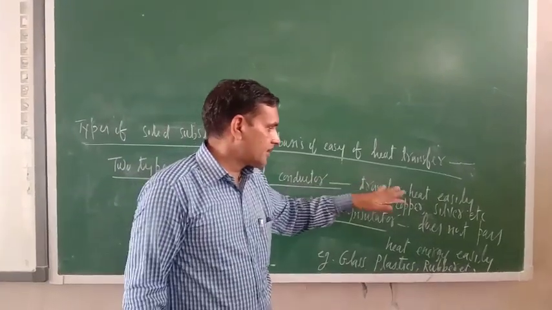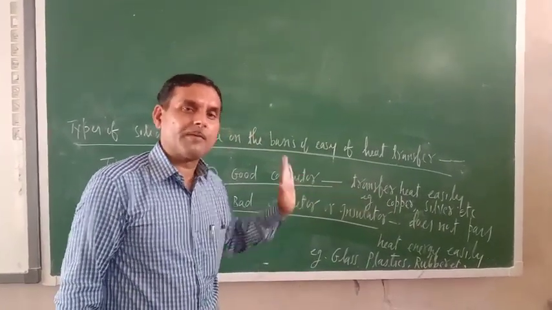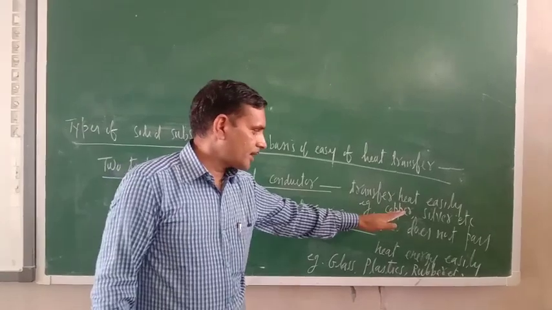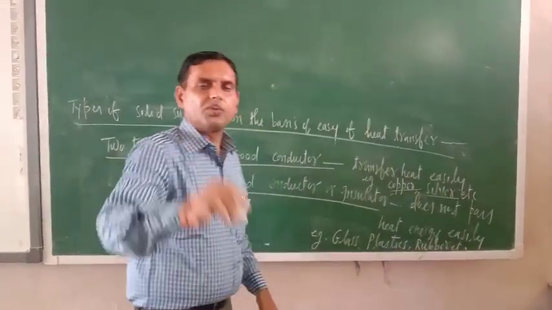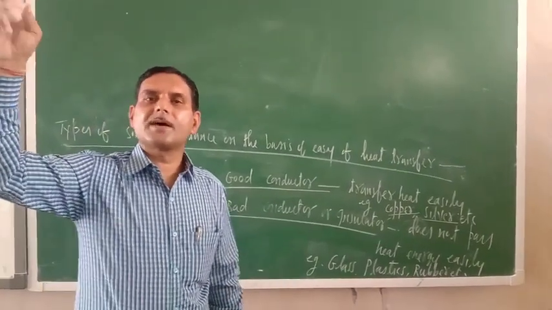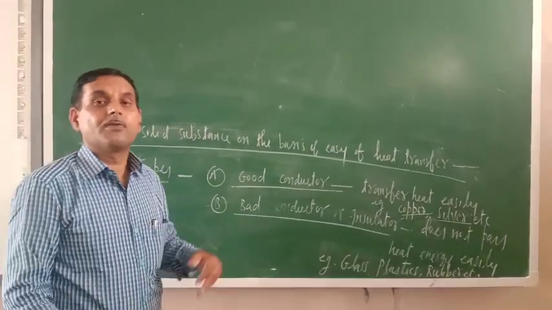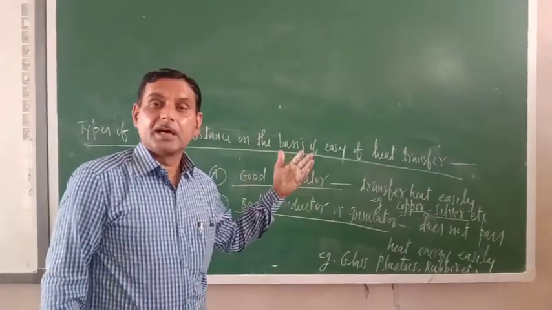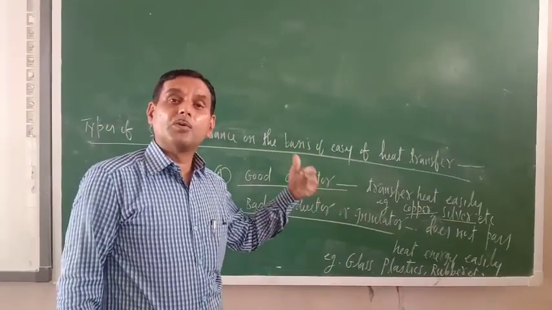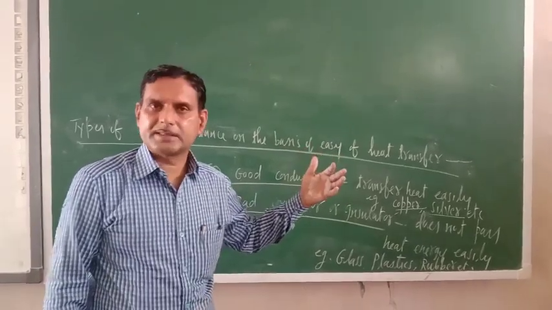What are the examples? Copper, silver. This is the reason copper wires are mostly used for transferring electricity. They are very good conductors. Copper, silver, almost all metals are good conductors.